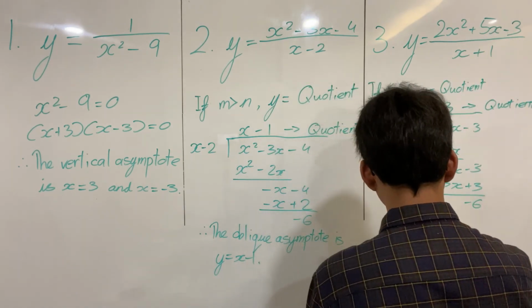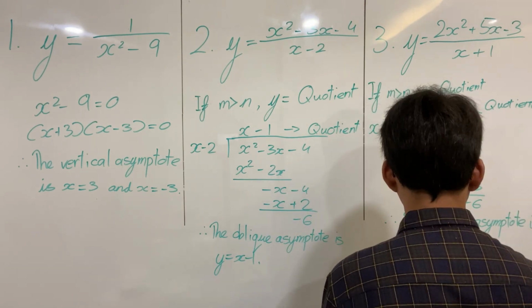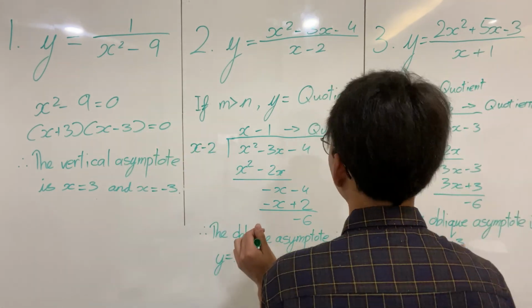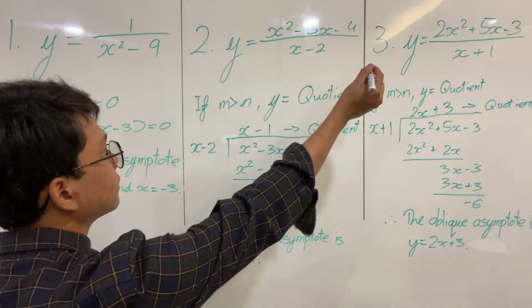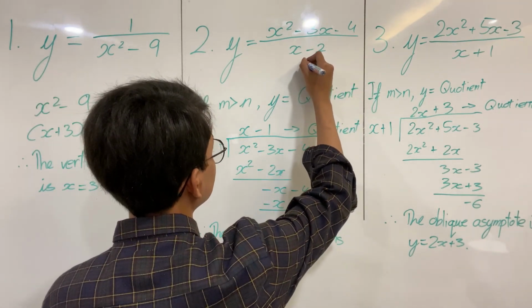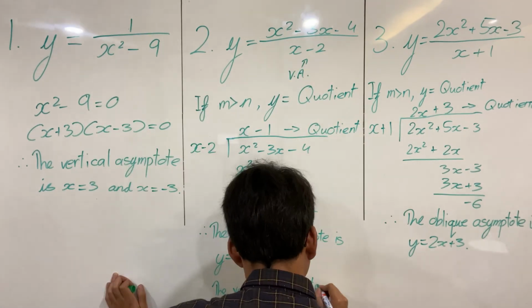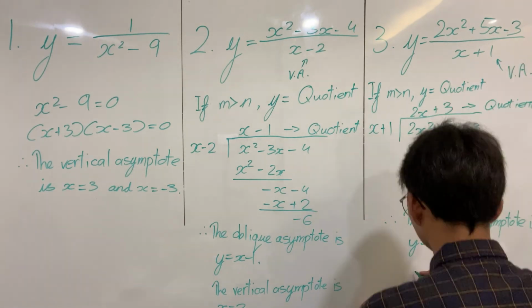Therefore, the oblique asymptote is y equals x plus 3. Not only that, these 2 questions have a vertical asymptote. So this has a vertical asymptote of x equals 2, because this is the vertical asymptote. And this right here is the vertical asymptote.